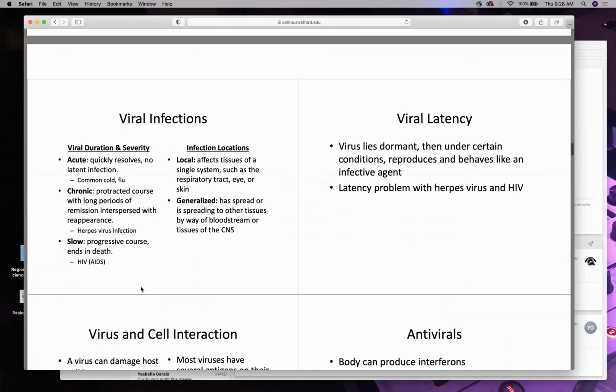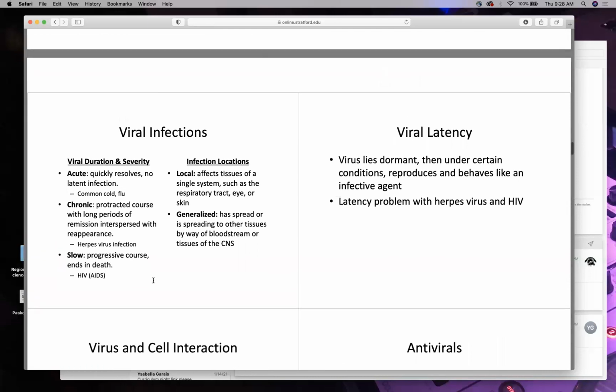You could have acute, chronic, and many times, for something like HIV, it's progressive. Meaning it will keep on going until you die. But we have strategies to slow down its progression.